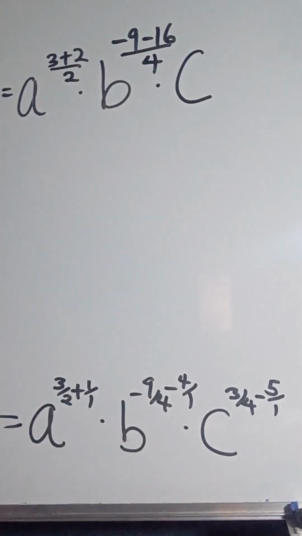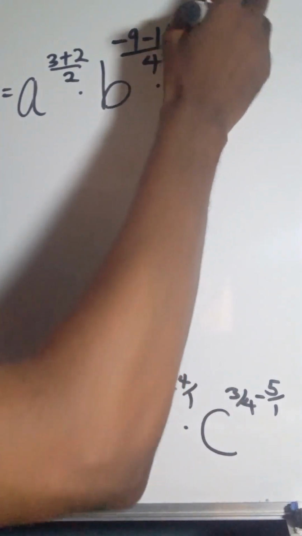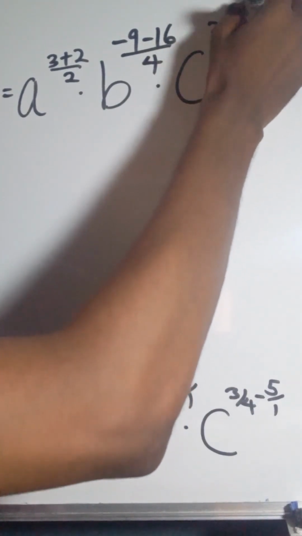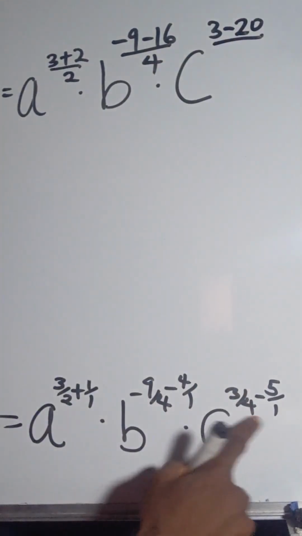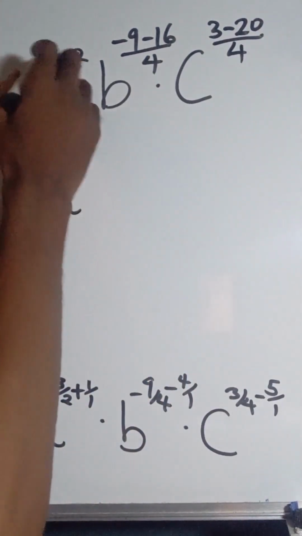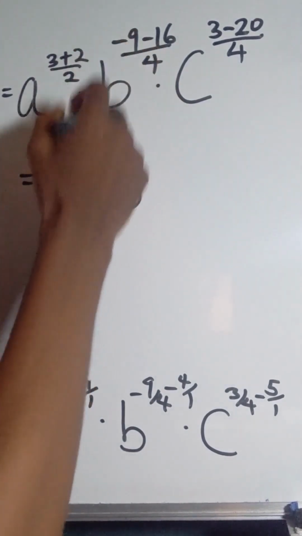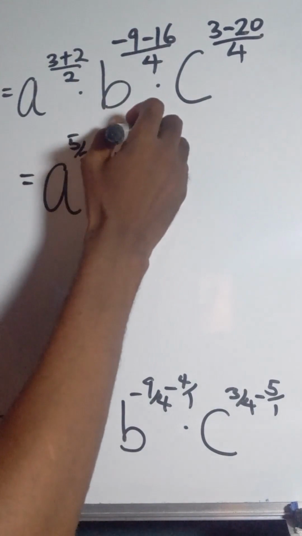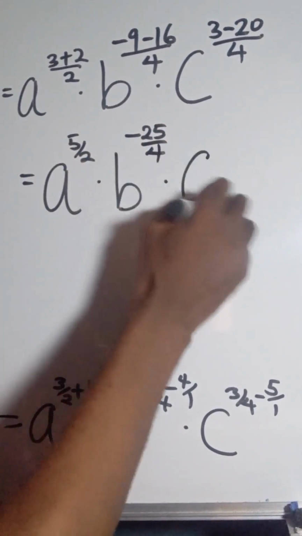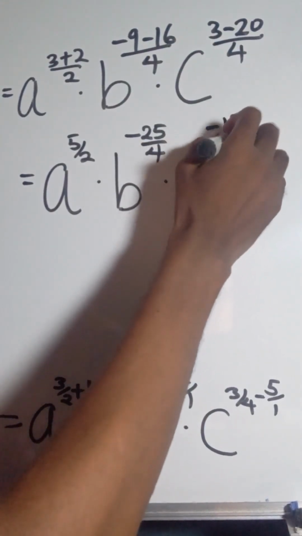For c, 1 times 3 is 3, 4 times minus 5 is minus 20, divided by 4 times 1 is 4. So this gives us a raised to the power 5 over 2, multiplied by b raised to the power minus 9 minus 16, which is minus 25 over 4, and c, 3 minus 20, is minus 17 over 4.